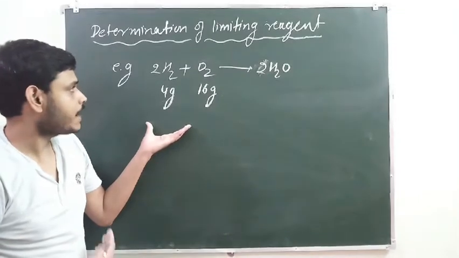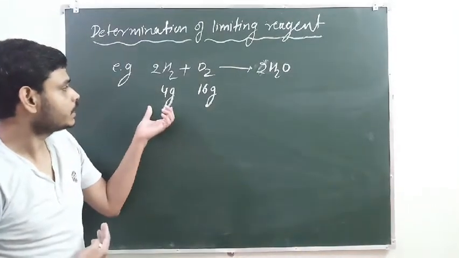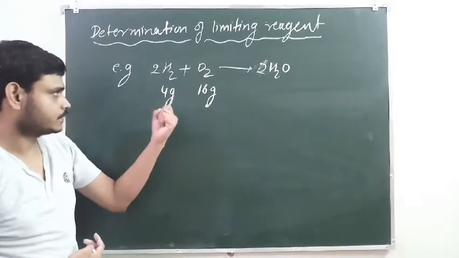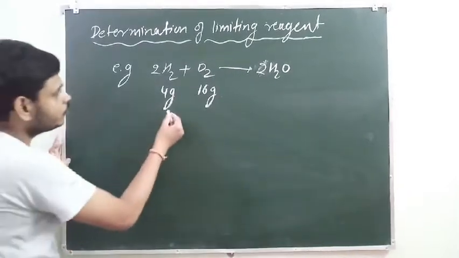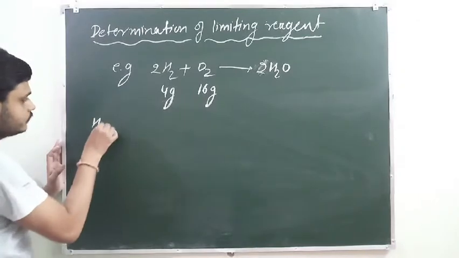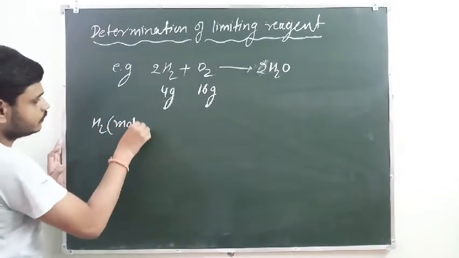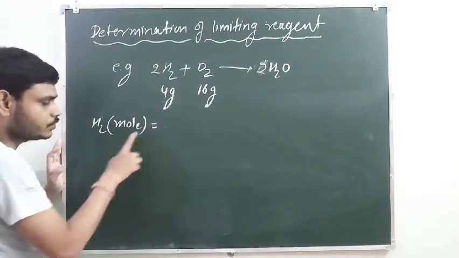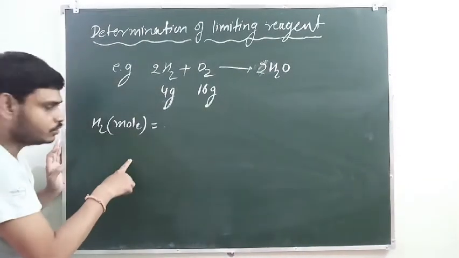How to calculate the limiting reagent? First, we have to calculate the number of moles of hydrogen and oxygen. The number of moles of hydrogen is equal to weight upon molecular weight. We know that mole is equal to weight upon molecular weight.